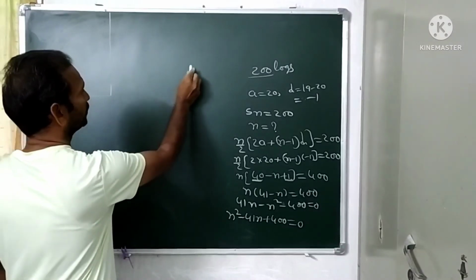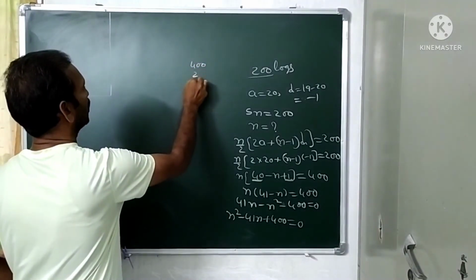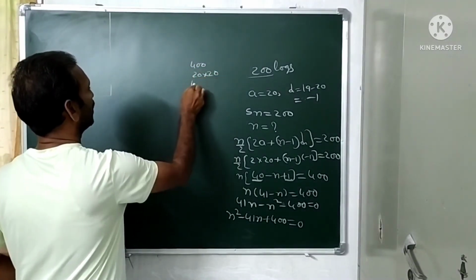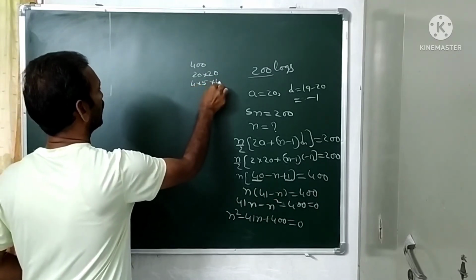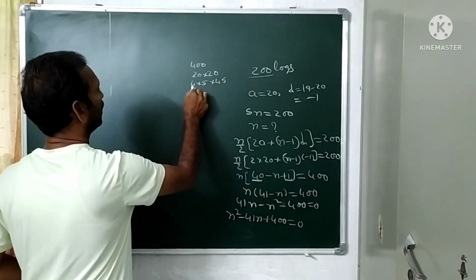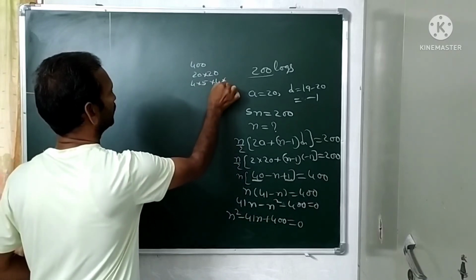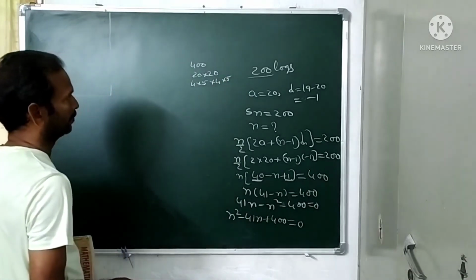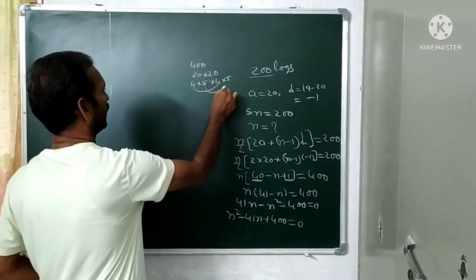20 20s, 4 5s, 4 5s. 4 4s are 16, 5 5s are 25.